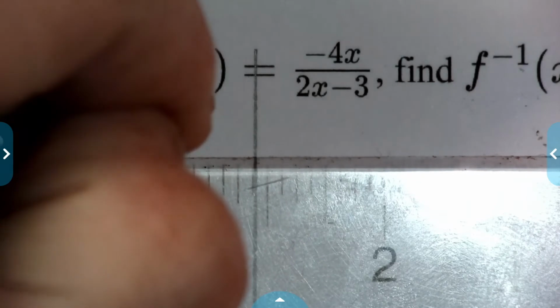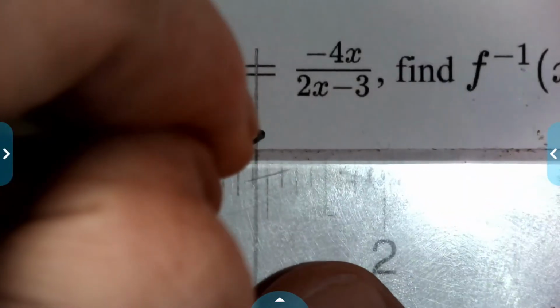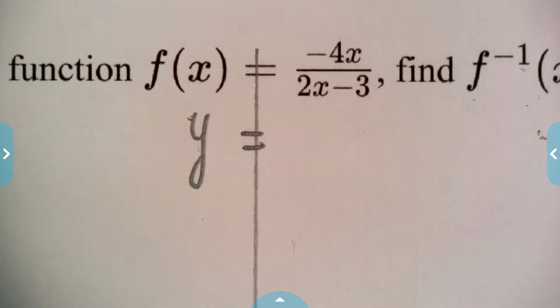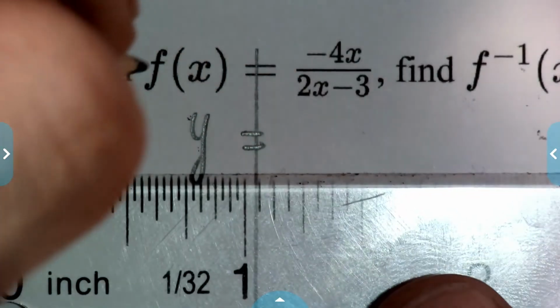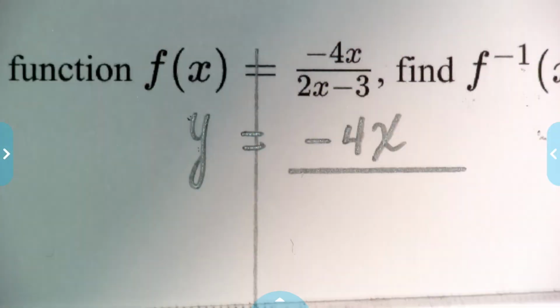We're going to start by writing y equals, and I like this part because now I get to make this fraction look a little bit bigger. So we've got negative 4x over 2x minus 3. Okay.